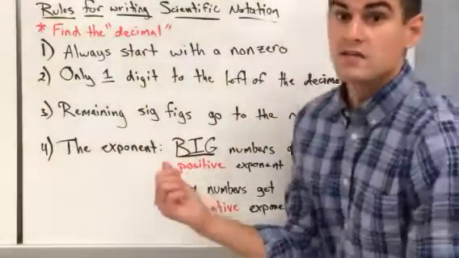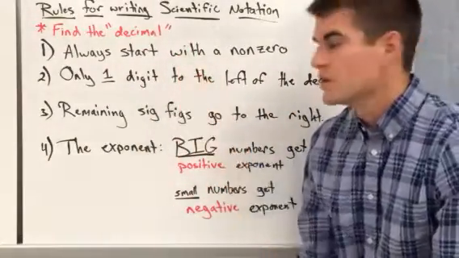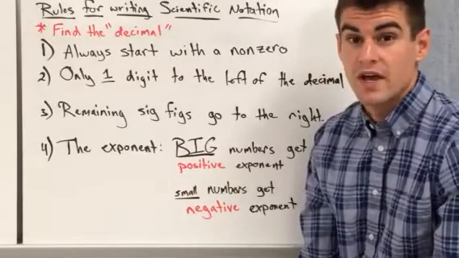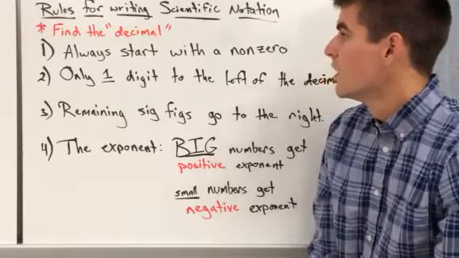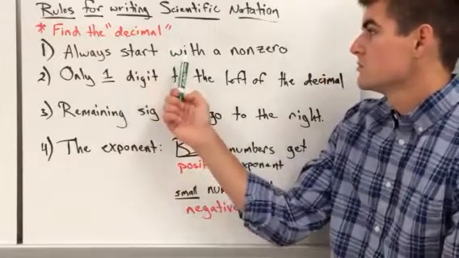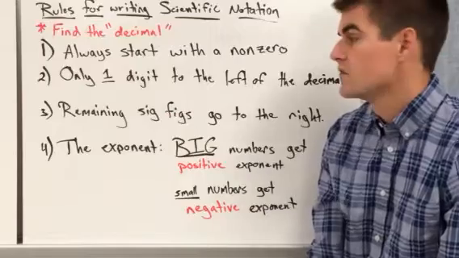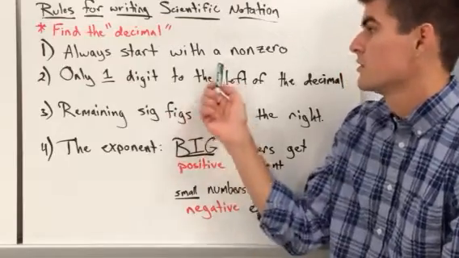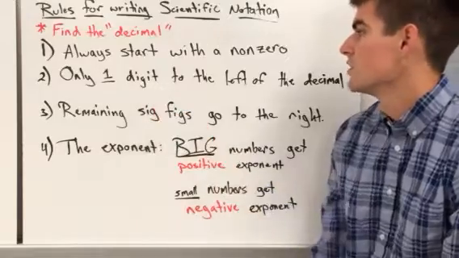So, rules for writing scientific notation. First thing is always find the decimal. I put it in quotes here because some numbers don't have decimals. It just depends on, again, significant figures. Once you do that, you always want one non-zero digit in front of that decimal, and only one to the left.